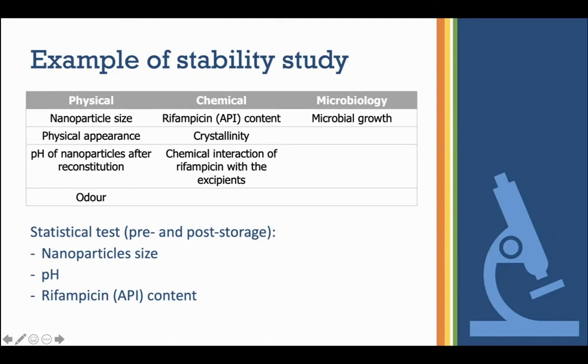If we have two characterizations, what I mean is that the nanoparticle size before storage is, let's say, 200 nanometer, and after storage it becomes maybe 220 nanometer. So how do we know if the change is significant? This can be conducted through statistical analysis.